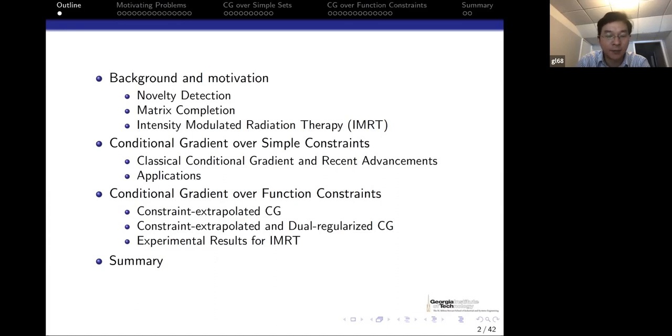Then I'm going to present some new algorithms for solving problems with more complicated constraints, which cannot be handled by the classic conditional gradient method. These include the constraint-extrapolated conditional gradient, and the constraint-extrapolated and dual-regularized conditional gradient. And then we are going to apply these new methods for solving the IMRT problem.